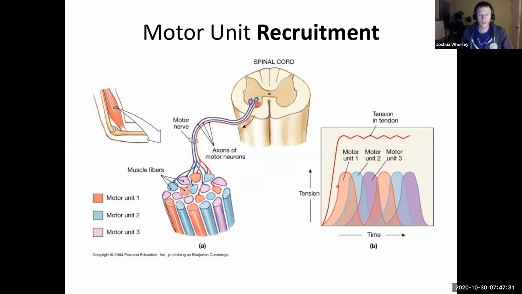And you know that to keep a contraction going, you have to have ATP to bind to myosin to cause it to release from that actin subunit. So this is how motor recruitment can be used in order to increase tension above what any one motor unit could do without going into summation.